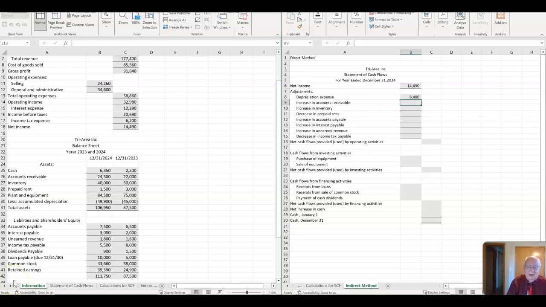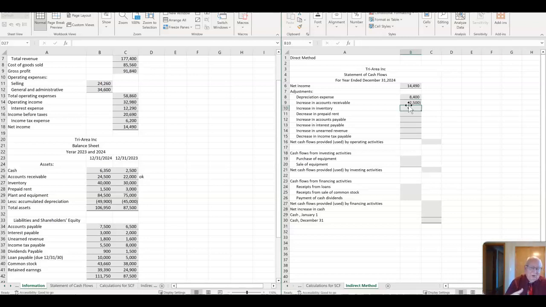You look at your current operating assets and your current operating liabilities. So we just start with accounts receivable. They went up by a $2,500 change. Since receivables went up, that's considered a use of cash, and being a use of cash will be subtracted.